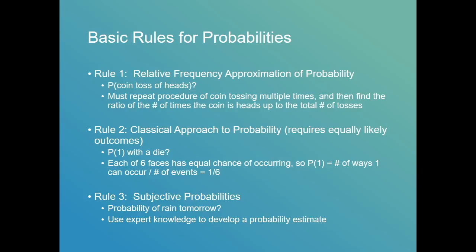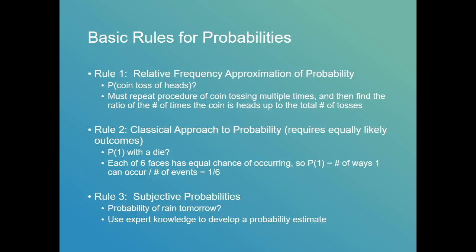So let's say the coin landed heads up 10 times, and we did 100 tosses. The probability in this example would be 10 out of 100, or 1/10, or 0.1.